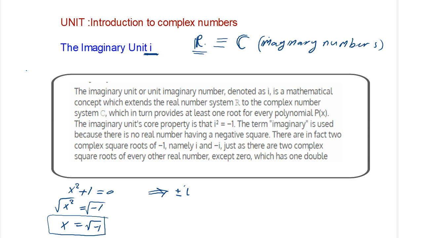This is the unit. If it is, for example, the square root of -4 or -9, then it will consist of a real number and an imaginary number, which is the complex system of numbers.